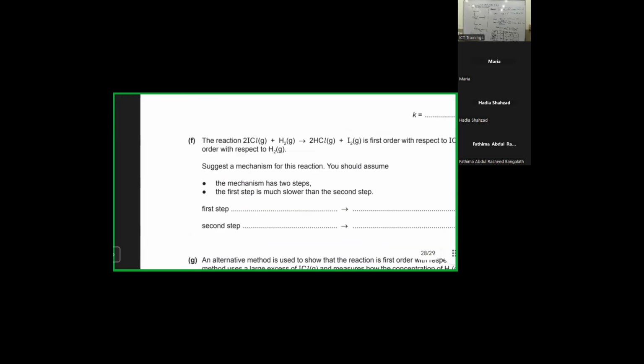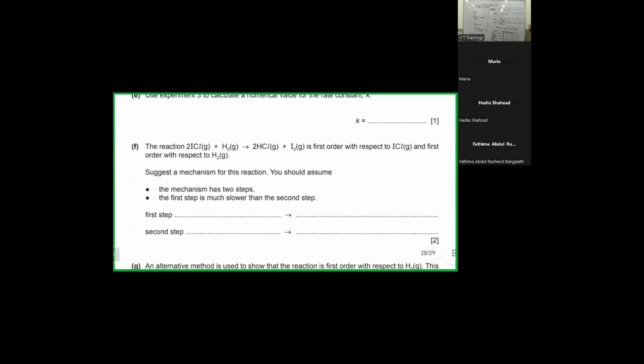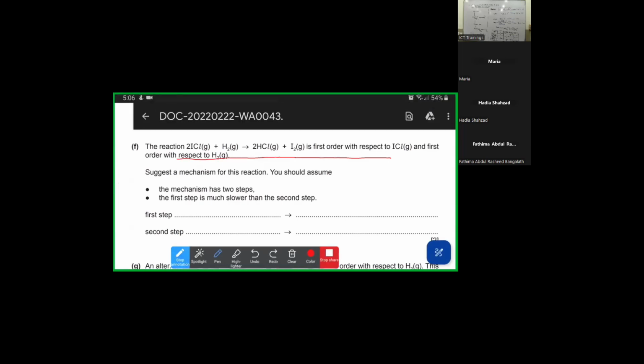Okay guys, if you look up here, this is the main reaction. He said it is first order with respect to ICl, so make the rate equation: rate is equal to K, ICl has first order, and first order with respect to H2, so H2 has first order as well. Now, my dear students, what should you do? He said, suggest the mechanism for this reaction.